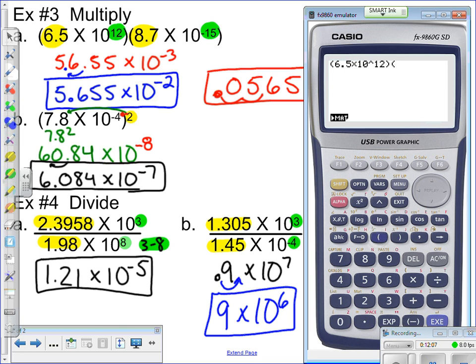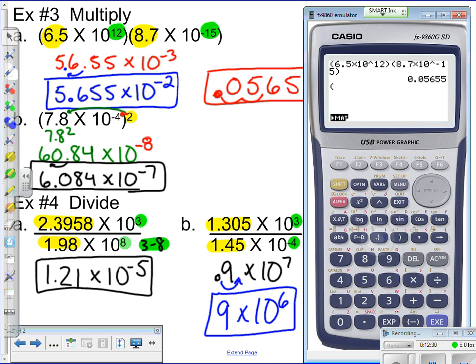Parenthesis again, 7.8 times 10 caret negative 15. That's the entire problem typed in from parenthesis to end. And it gives you the answer. Notice it gave it to you this time in standard. Now we can't be sure which way it's going to work each time, so you need to be able to go back and forth.